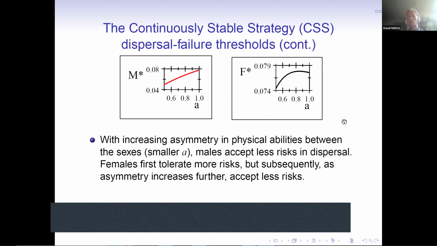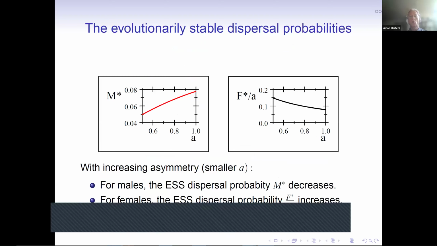For females, somewhat surprisingly, they are first willing to take more risks, then a little bit less, and then a little bit more risk again, and then a little bit less.